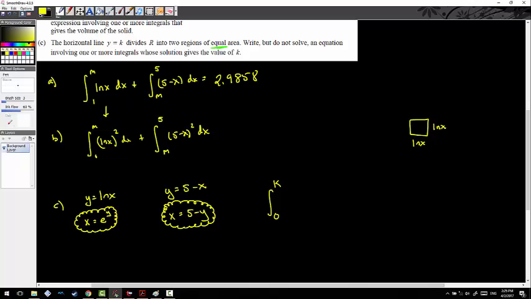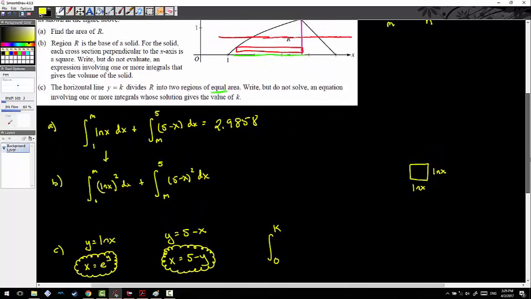Well, since I'm doing a dy integral, what I'm going to want to do is look at right minus left. And so what does that look like? Well, the right function is my linear function, so that's going to be 5 minus y. Right? And again, since we're just finding area, there's no coefficient on the outside, there's no squared, no nothing. And if I evaluate just 5 minus y, well, what do I get?